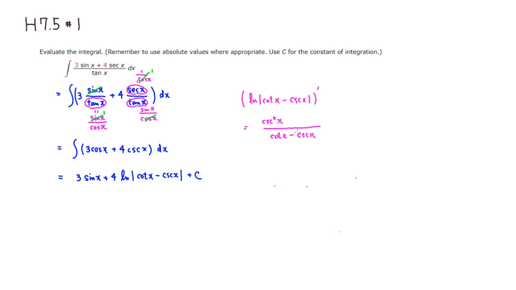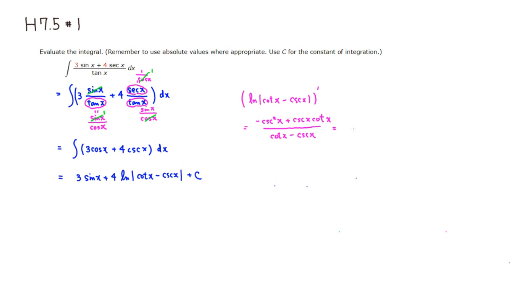The derivative of cosecant is negative, so it's going to be plus cosecant times cotangent of x. Did I make a mistake here? Oh, sorry, this is going to be negative. That was a mistake.